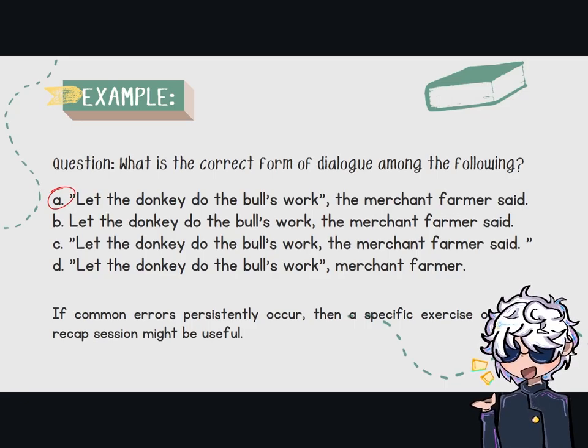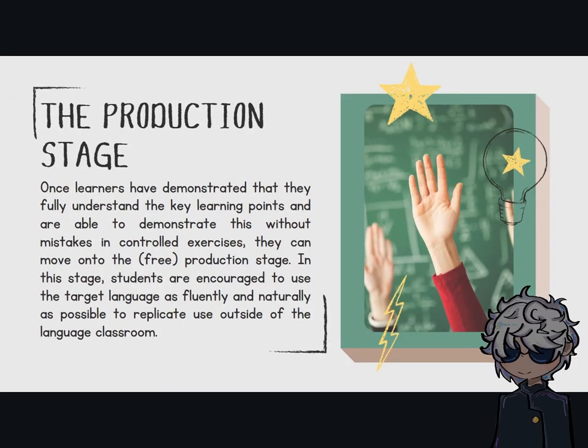Once learners have demonstrated that they fully understand the key learning points and are able to demonstrate this without mistakes in the practice stage, they can move to the last stage of the P.P.P, the production stage. Here, the students are encouraged to use the target language as fluently and naturally as possible to replicate use outside of the language classroom.